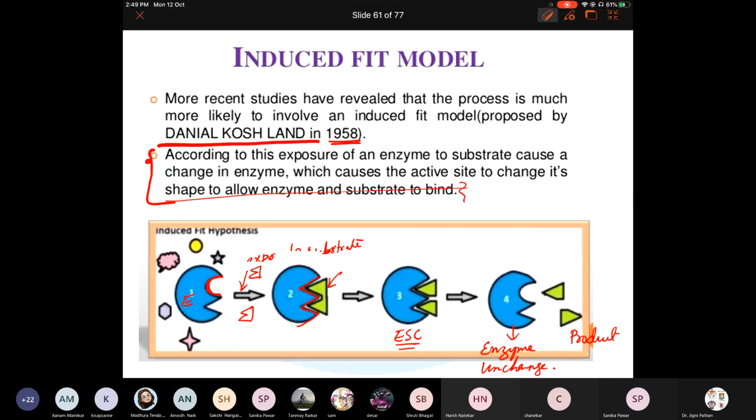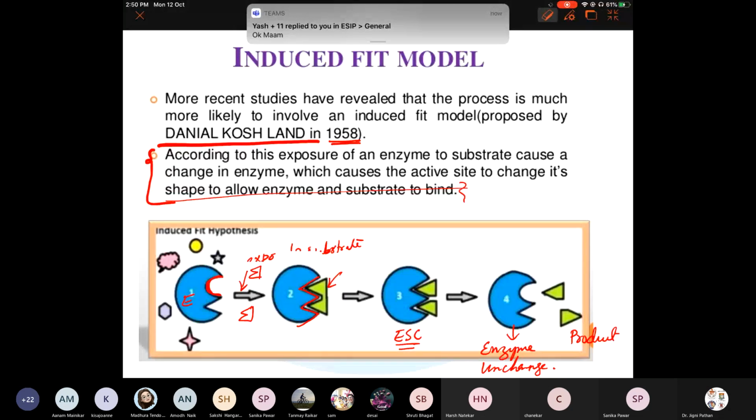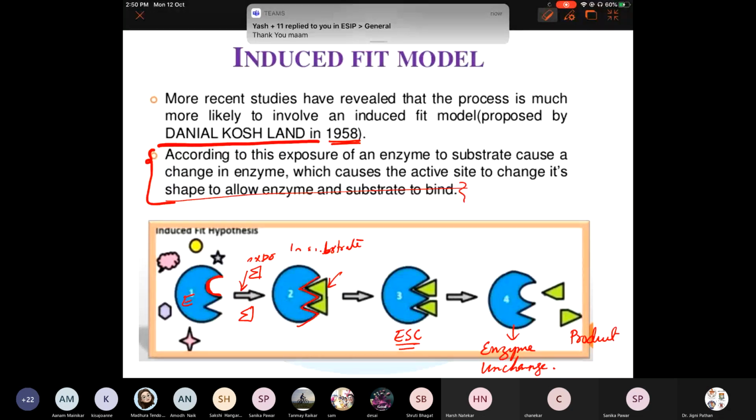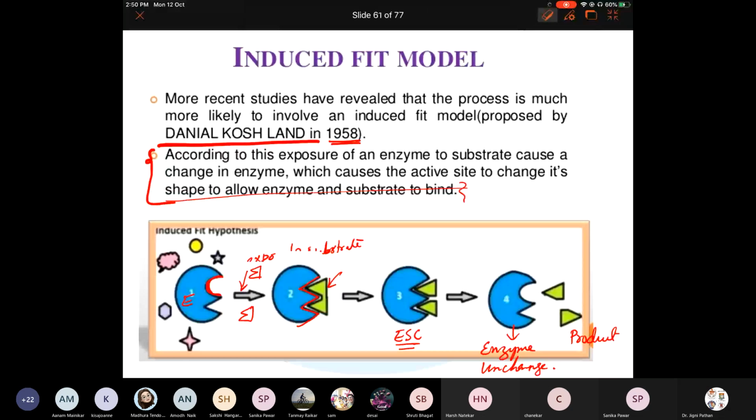It's just proposed. Is it clear? Any doubts to anyone?